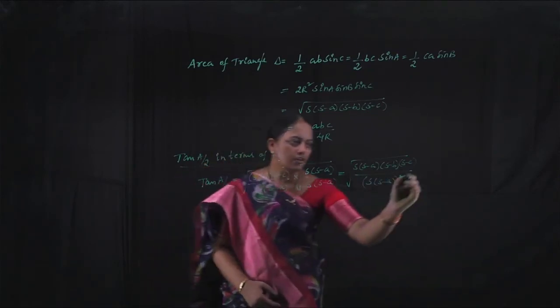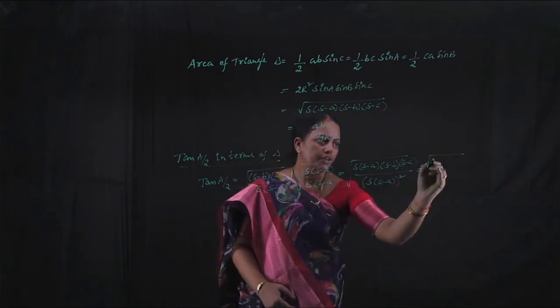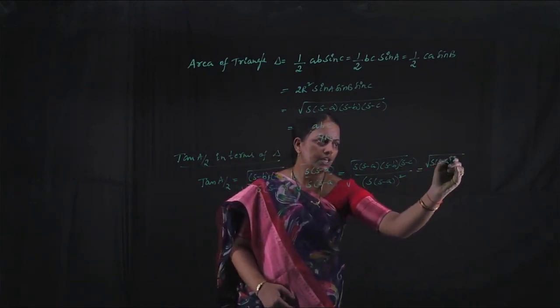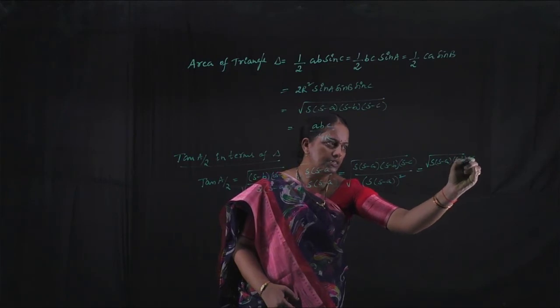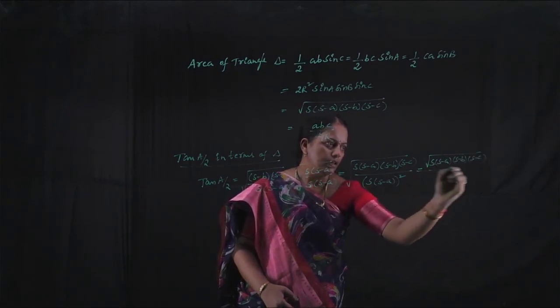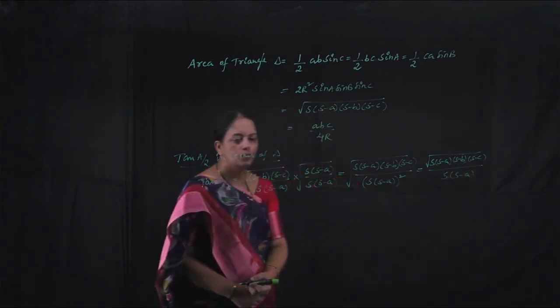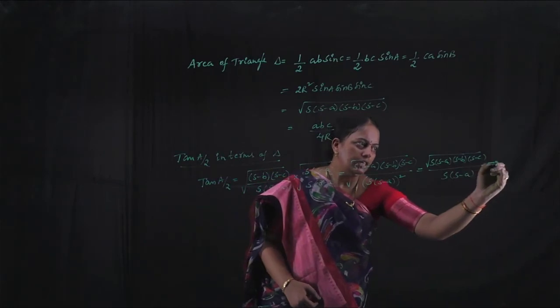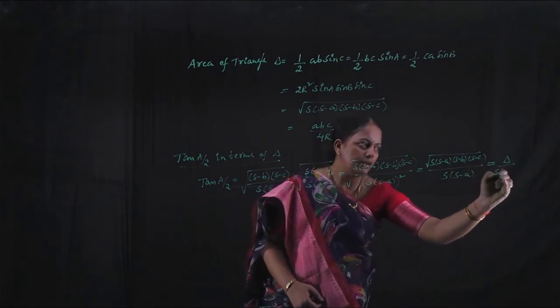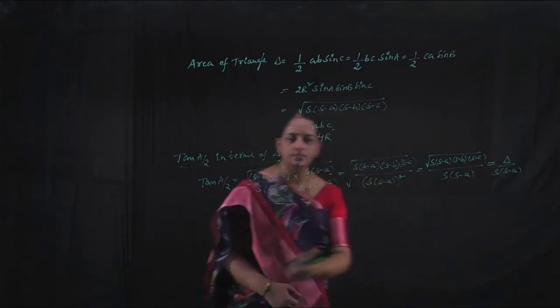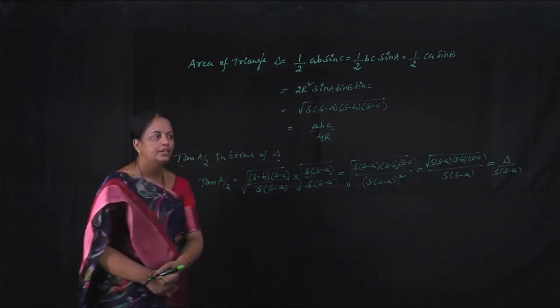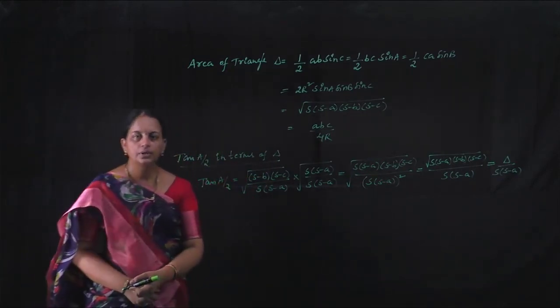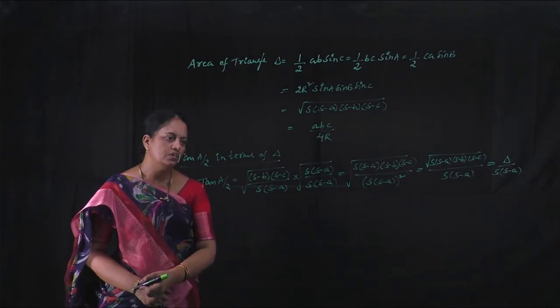So this is equal to root of S into S minus A, S minus B, S minus C by S into S minus A. Already we know root of S into S minus A, S minus B, S minus C equals delta, that is delta by S into S minus A. Therefore, tan A by 2 is equal to delta by S into S minus A.